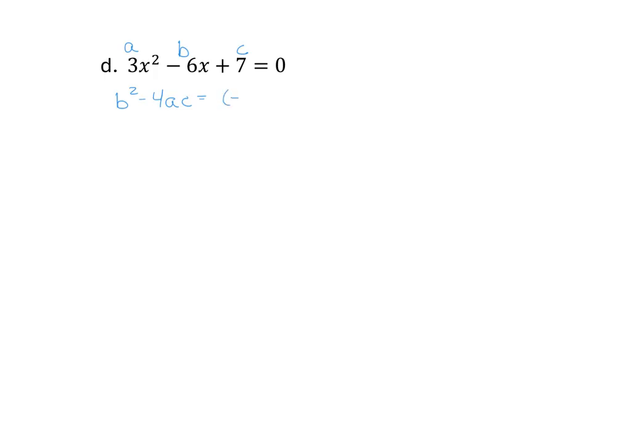And so when we plug this in, we get (-6) squared minus 4 times 3 times 7. We get 36 minus 84. And if we subtract this, we get, I believe, -48.